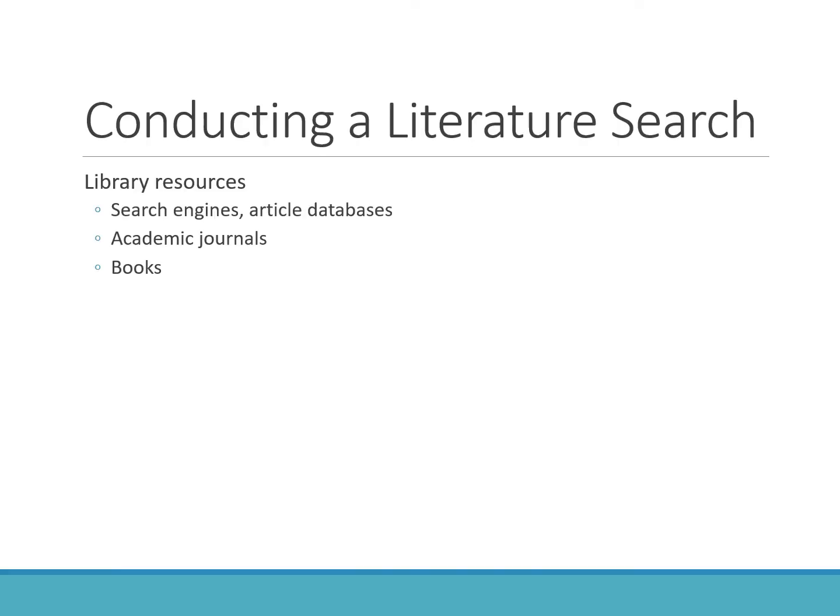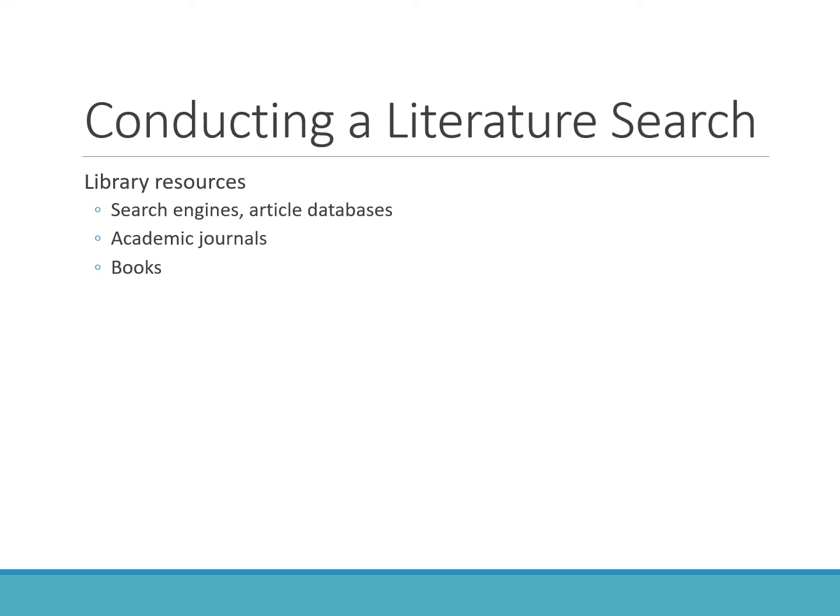I'm going to give you the very brief version of how to conduct a literature search, and we'll go through more specific details in another video. When you're conducting a literature search, when you're trying to find information on your topic, the best place to look is the library. The library has a ton of search engines and article databases, which will be the primary way that you access academic journals.